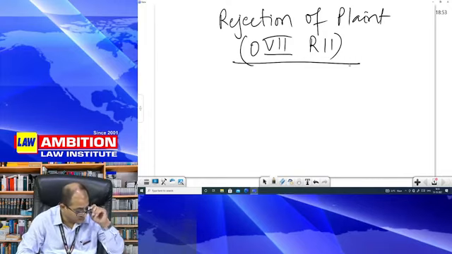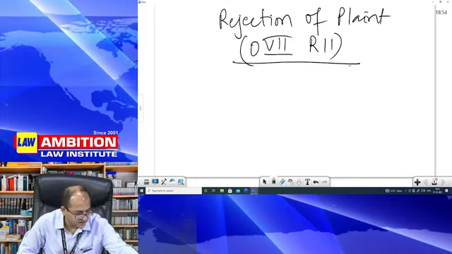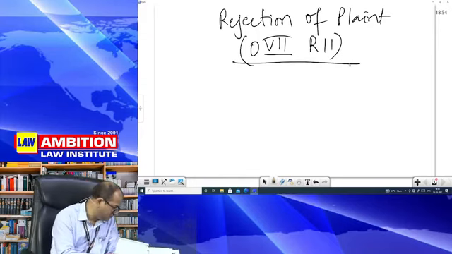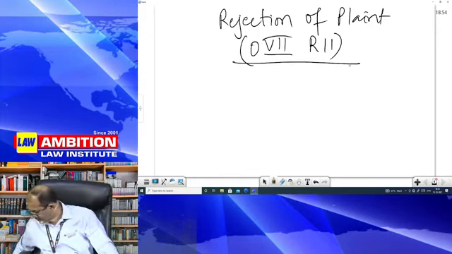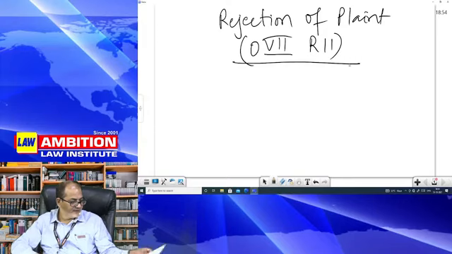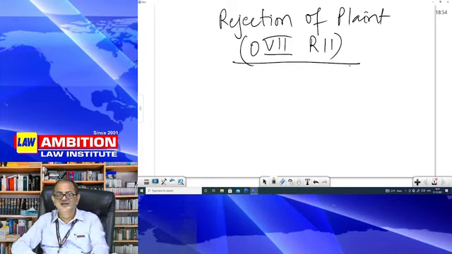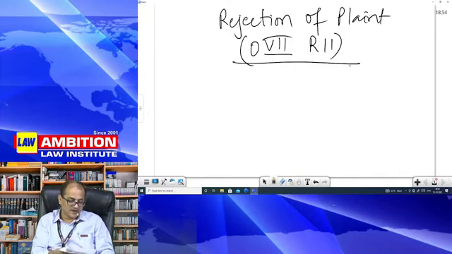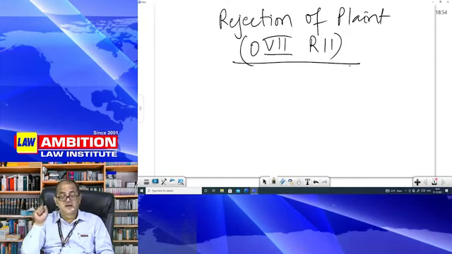Now you may raise a question, what are the different situations when a plaint can be rejected? What are the different prayers which can be raised for rejection of plaint? That can be another question, a very interesting one. See, there is a simple arrangement here: the prayer for rejection of plaint can be made in three ways. One, a formal application. Two, suo motu, the court can do on its own because the court is saving time.